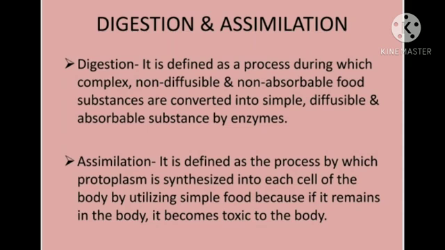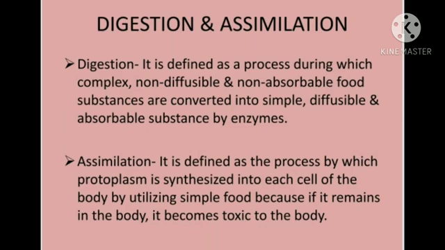What do you mean by protoplasm? Protoplasm means it is a living part of the cell, which contains nucleus and cytoplasm. Protoplasm is equal to nucleus plus cytoplasm and other different organelles which are present inside the cell. So basically protoplasm is the combination of three things inside the cell.